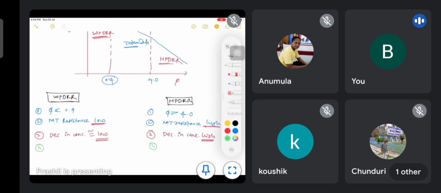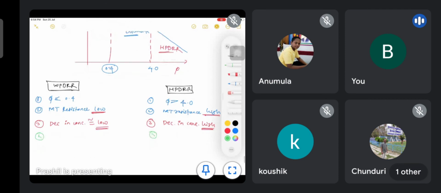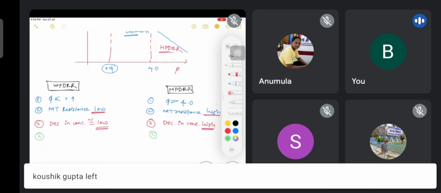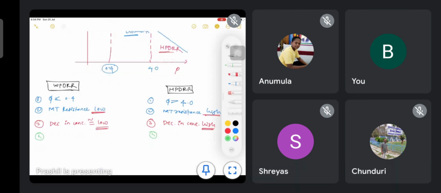here resistance to mass transfer is low, that means you have rapid diffusion. Rapid diffusion, you can write, is fast. These are key points considering your GATE.